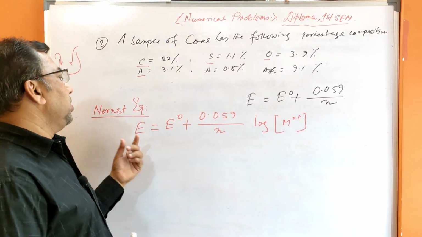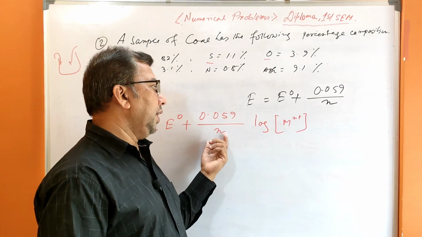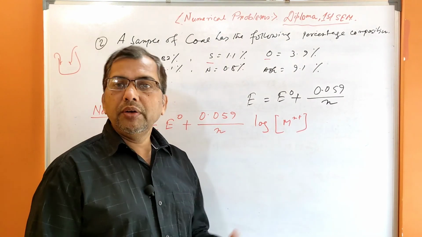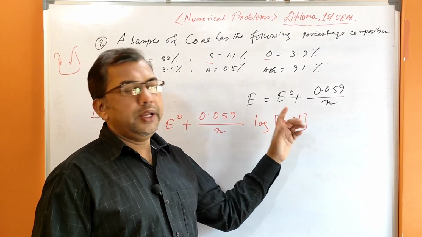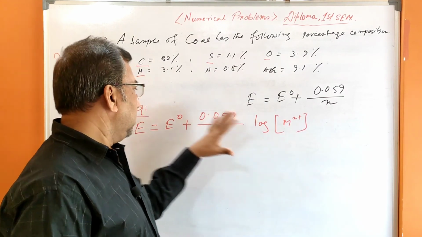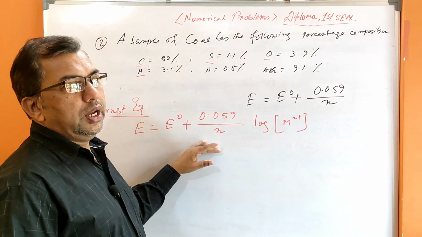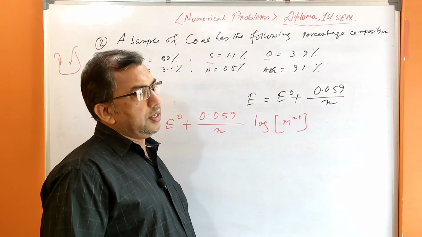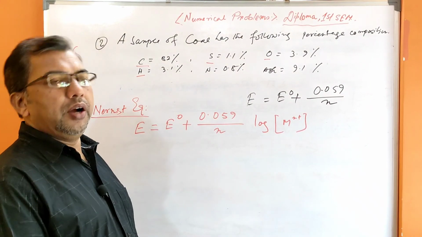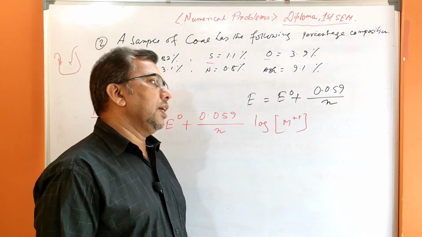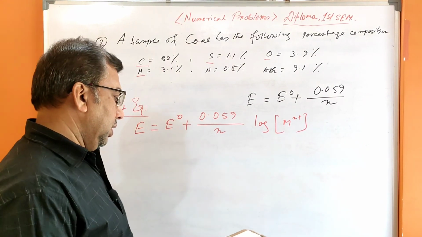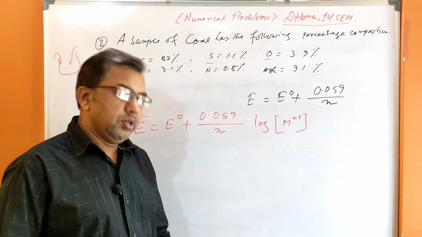Nernst equation: E equals E0 plus 0.059 by n into log concentration of the metal ion M n plus. You have to remember this formula, write it down and prepare sums. If any problem, tell me and I will do the sums. Suppose a sum may come for cadmium.